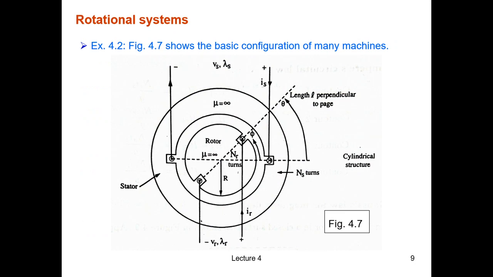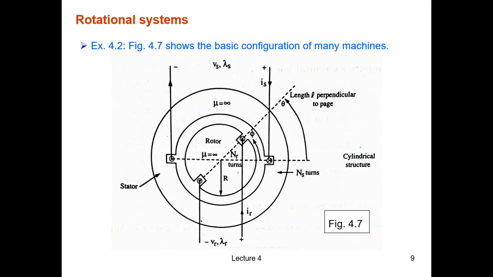And here's a very simplified rotational system. In this structure, the rotor here is rotating like this or like this, and this stator is stationary, not moving, attached to the ground, for example.